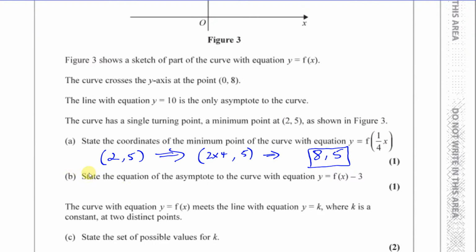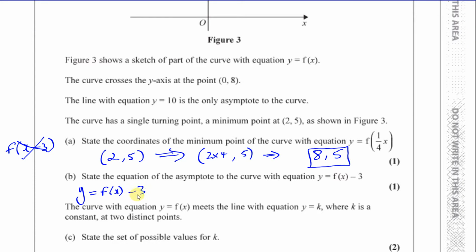Then it says state the equation of the asymptote to the curve with the equation y equals f of x minus 3. So again, this is a transformation which is outside the function. It's not the same as this, which is when it's inside the function. This one affects the x coordinates, and this one affects the y coordinates.